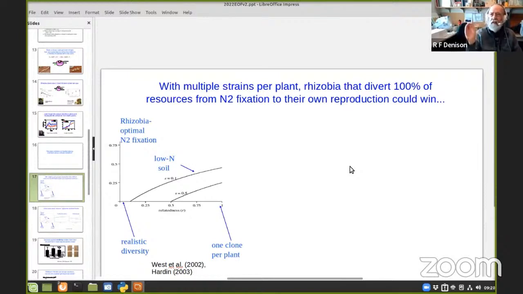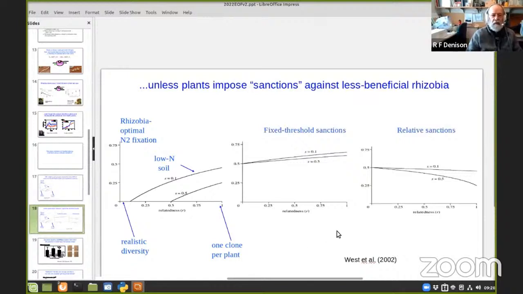And if a root nodule isn't delivering enough nitrogen, they shut down that nodule in a way that keeps the bacteria inside from reproducing. What would happen then? Well, so Stewart modeled two different versions of what we call the sanctions hypothesis.